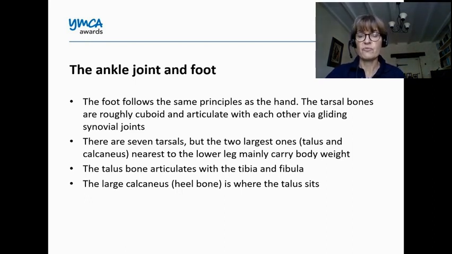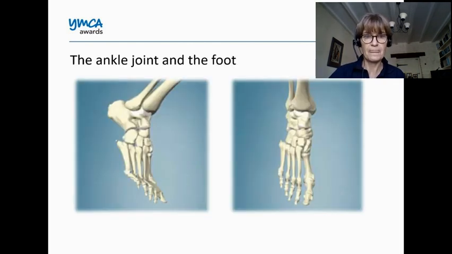And these are the ones that, because they create your heel, carry most of the body weight. So your talus articulates with your tibia and fibula, the 2 bones of your ankle. And the heel bone is where the talus sits on, and you get your subtalar joint there. Here we go.